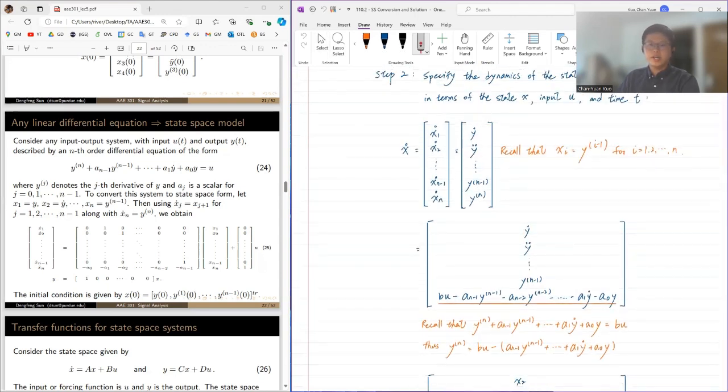Now, notice that the nth derivative of y is not a state variable. But from the LCC ODE, we know that the nth derivative of y can be expressed in terms of the state variables and the input u as bu minus a_(n-1) times y^(n-1) all the way to a1 times y dot minus a0 times y.